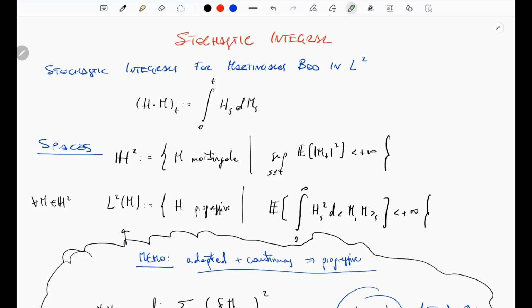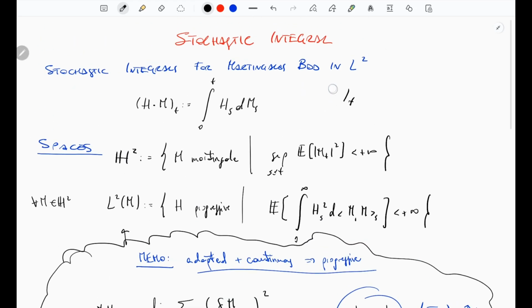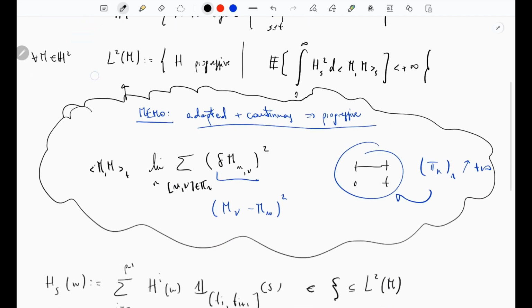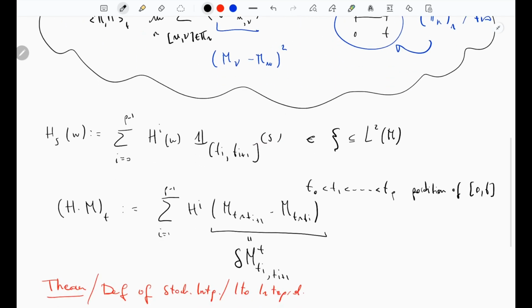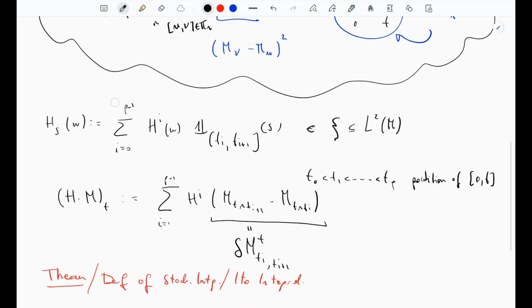I'm sure you guys know a very famous and well-known process, which is a martingale bounded in L2, which is usually written like this, right? So the Brownian motion is a martingale bounded in L2. The quadratic variation of the Brownian motion is bounded, right? It's time. Its variance. Yes.